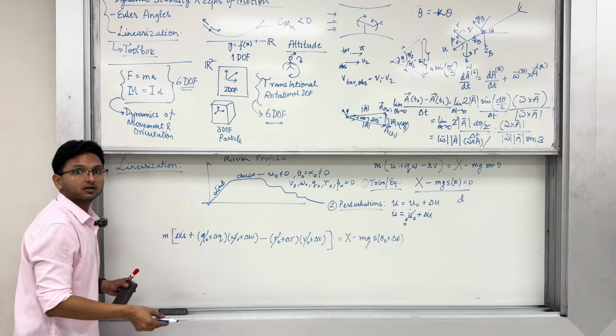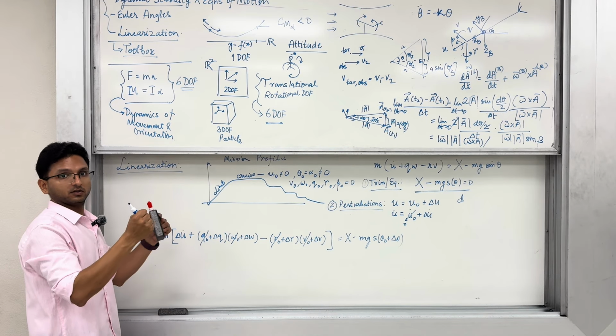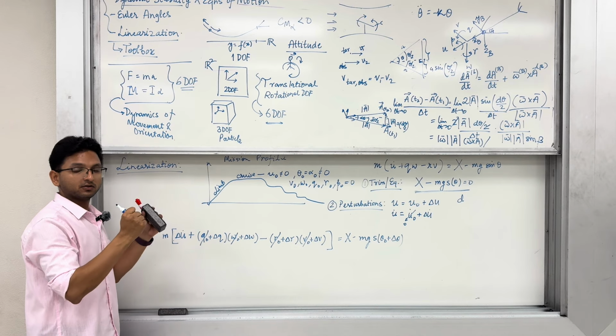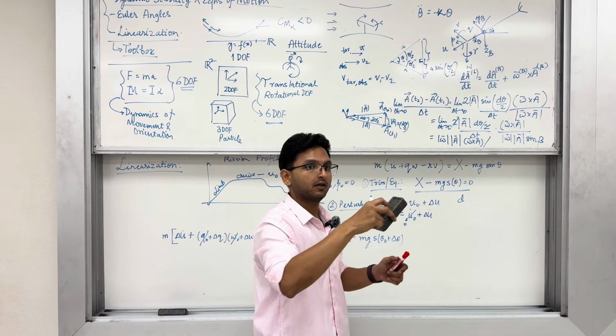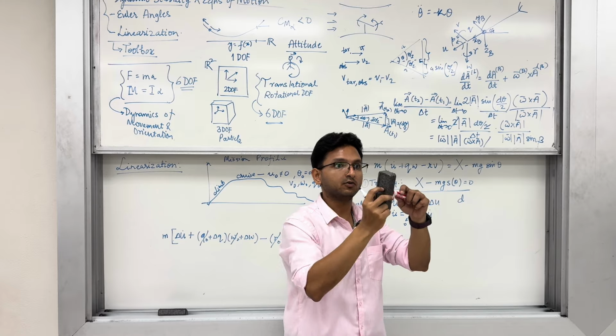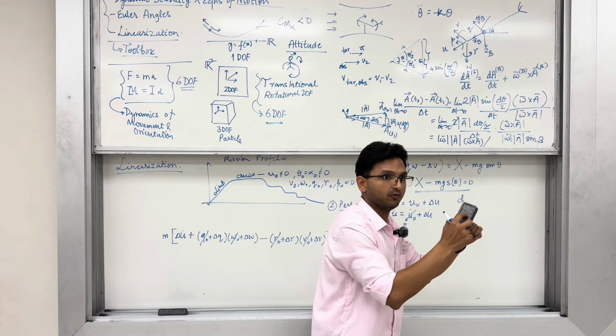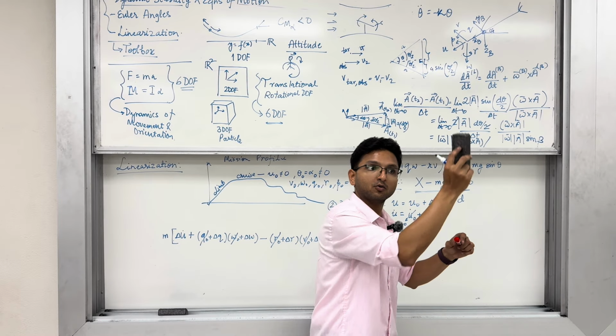What if this were a turning maneuver or a pull up maneuver? See what's happening in pull up, okay. Your w is still 0; with respect to your body you are not moving, you are only going forward.